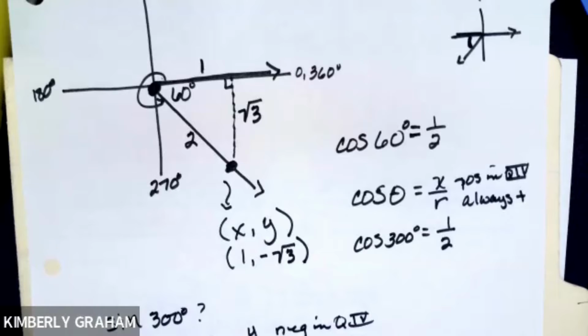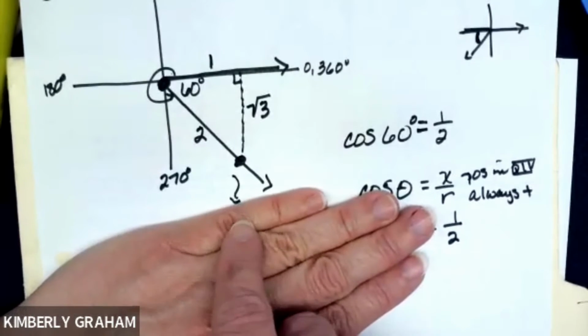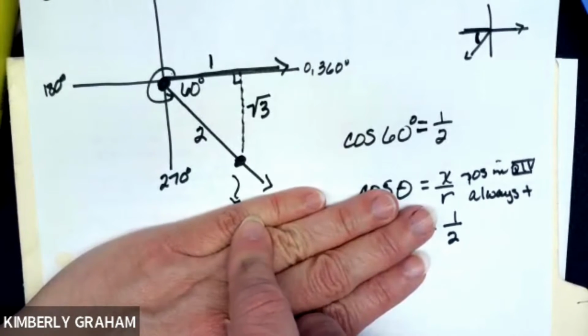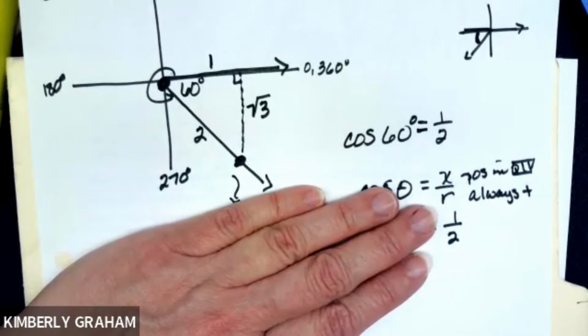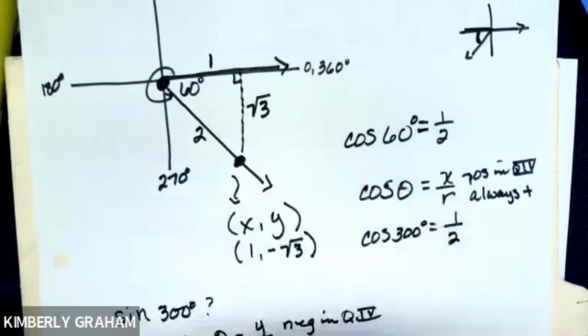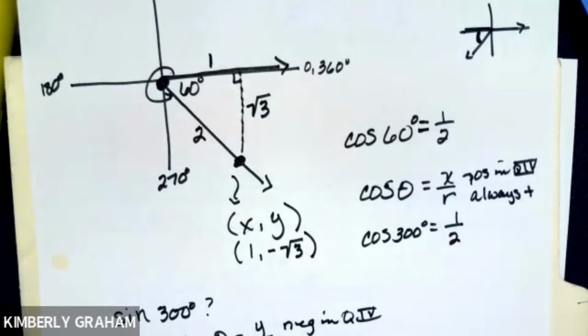What the shortcut is, to know that I don't really need to write down this point. I know that the trig function of the reference angle and the trig function of the angle I'm looking at are going to have the same values, except for maybe a negative sign stuck up front of it.